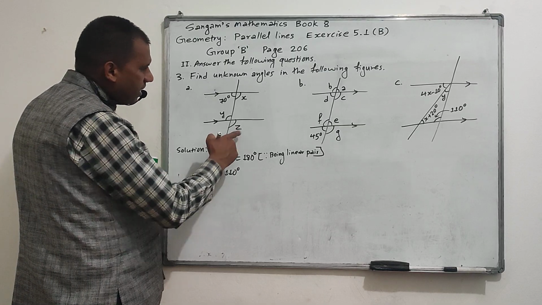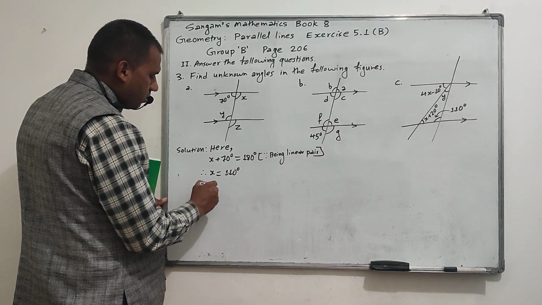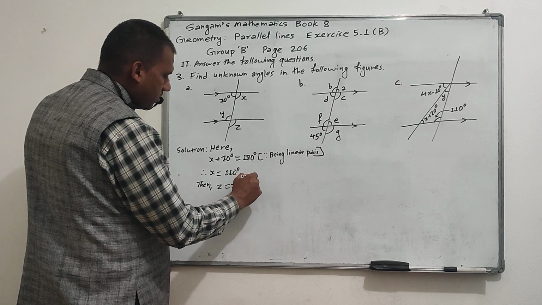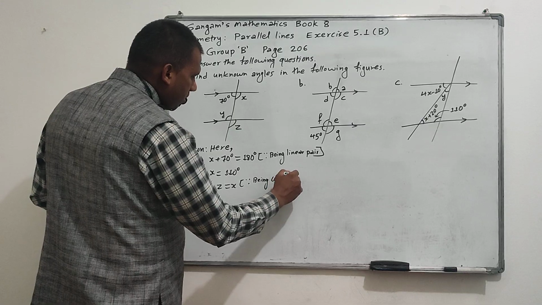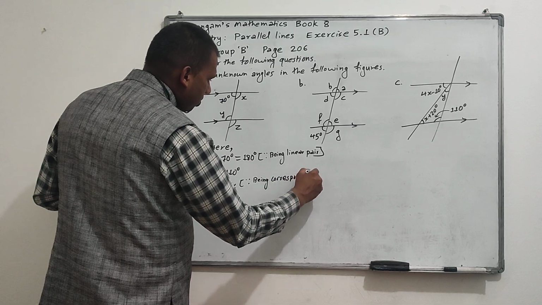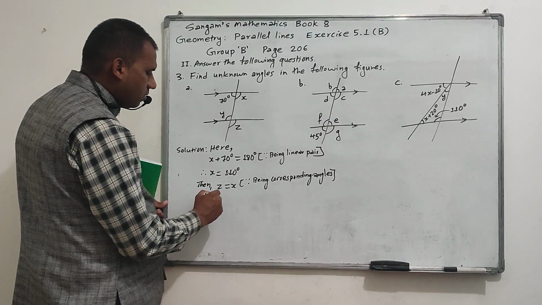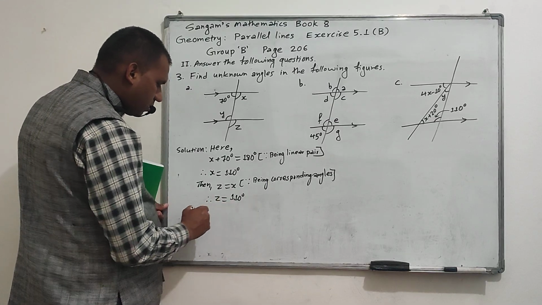Then z and x are corresponding angles, so we can write z equal to x, because being corresponding angles. Therefore, z equals 110 degrees.